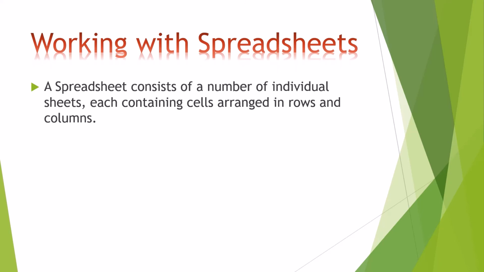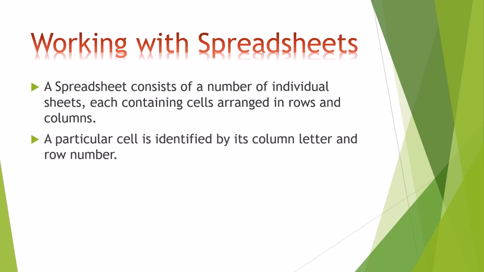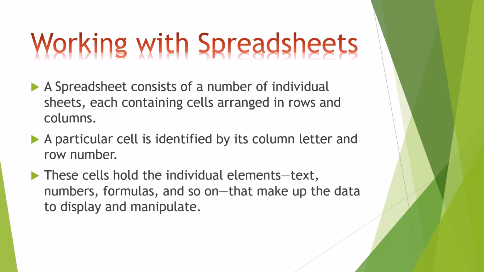A particular cell is identified by its column letter and row number. These cells hold the individual elements: text, numbers, means they can contain any content that makes up the data to display and manipulate. These all make up the data which will be displayed in the spreadsheet.